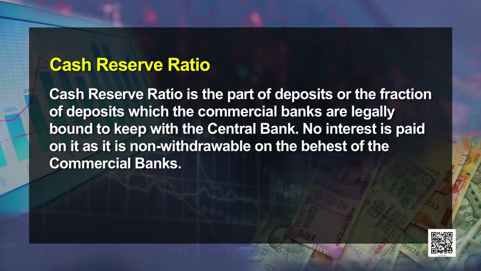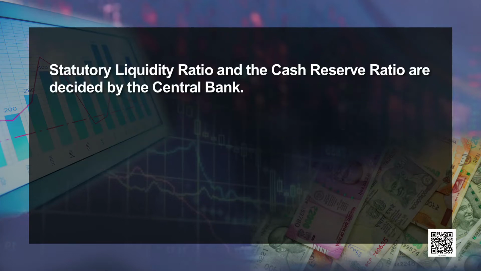Similarly, cash reserve ratio, as already discussed, is the fraction of deposits which the commercial bank is legally bound to keep with the central bank. No interest is paid on it and it is not withdrawable at the behest of the commercial bank. Statutory liquidity ratio and CRR both are decided by the central bank.